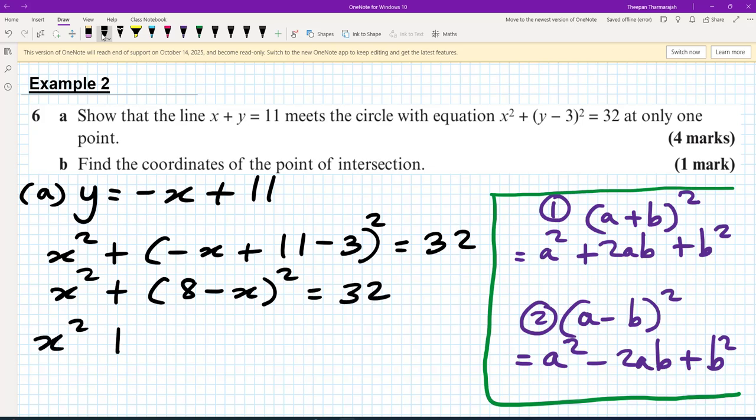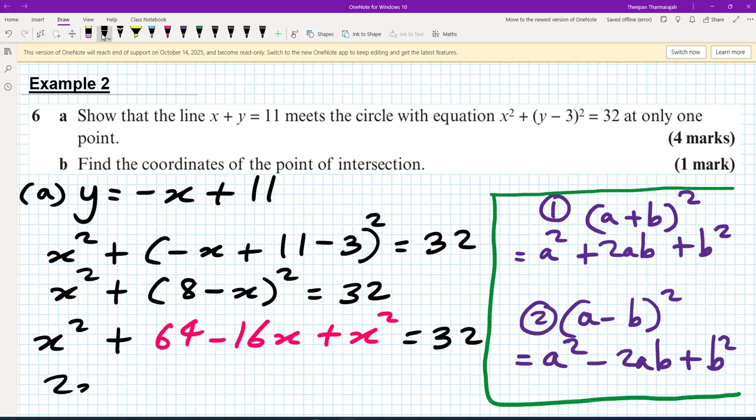So x squared plus, that's going to give me 64 minus 16x plus x squared equals 32. 2x squared minus 16x plus 64 minus 32 equals 0.